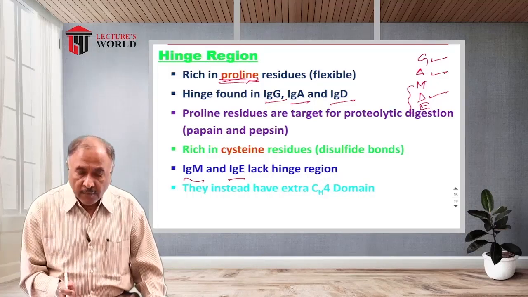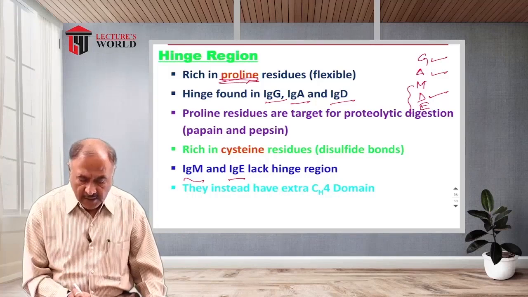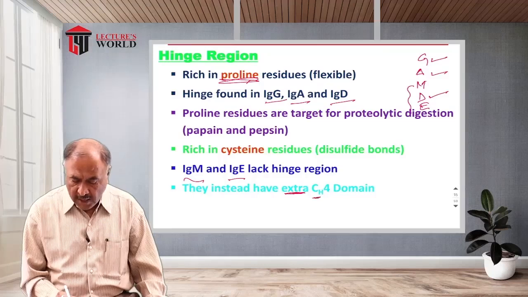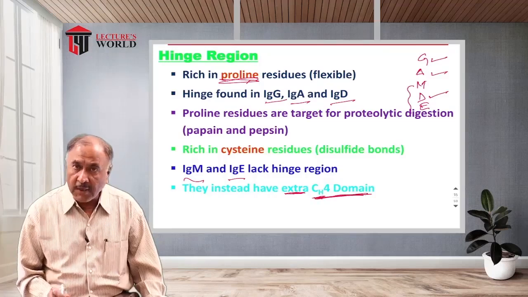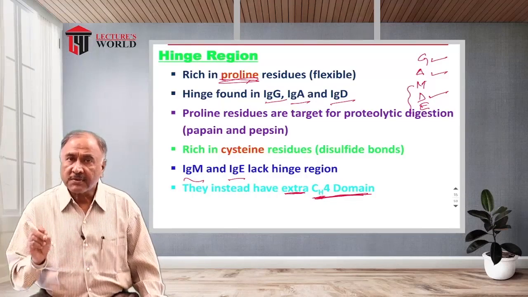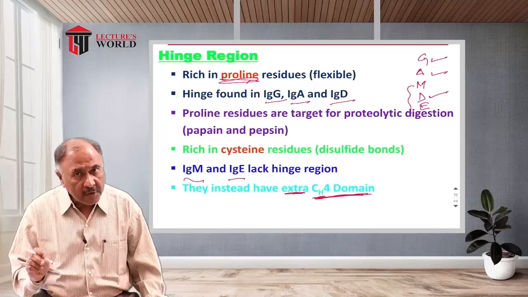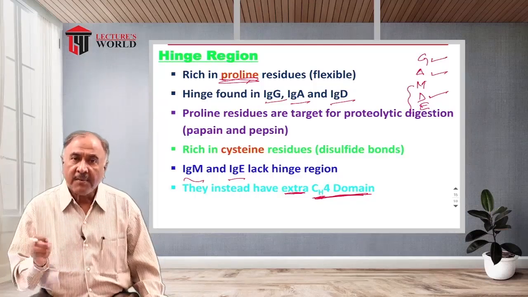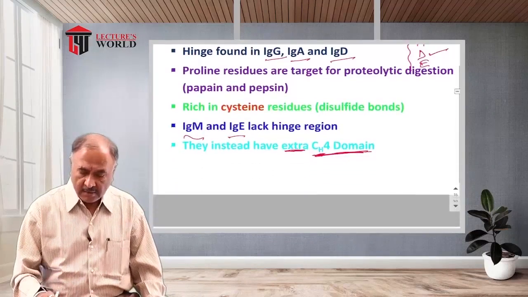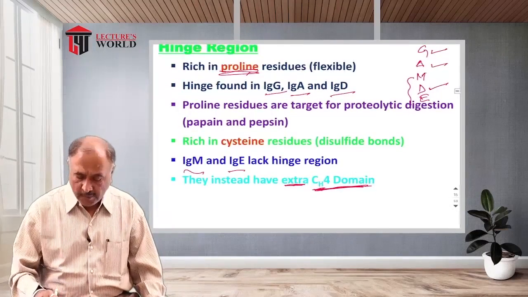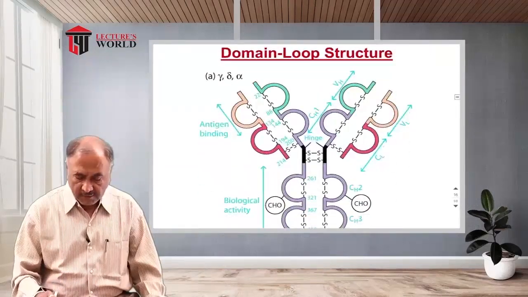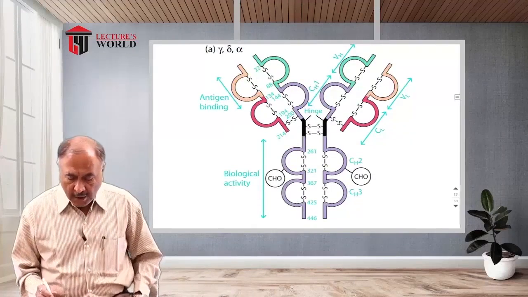And these IgM and IgE have extra CH4 domains. Normally, there is constant heavy 1, constant heavy 2, constant heavy 3. There are 3 domains, but one more section is there in the case of M and E, and that is the CH4 domain. So this is something which is shown in the slide.